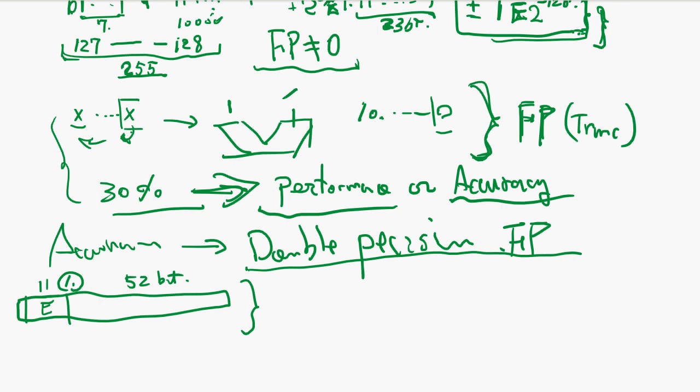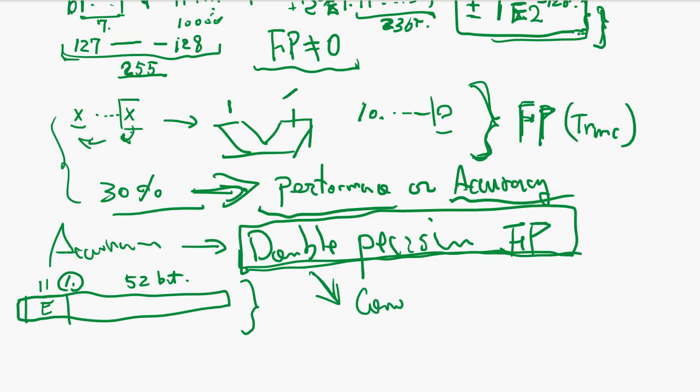So then, do you make two different chips? Actually, the chip is made with double precision, right? And there is a conversion command, double precision to single precision, and single precision to double precision.